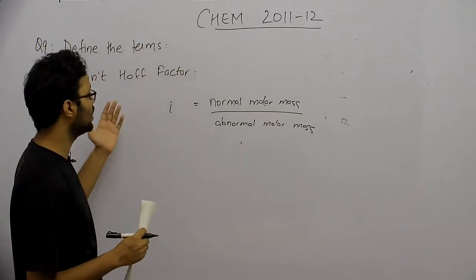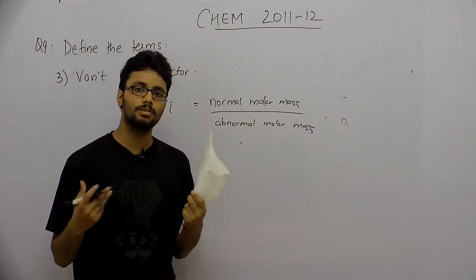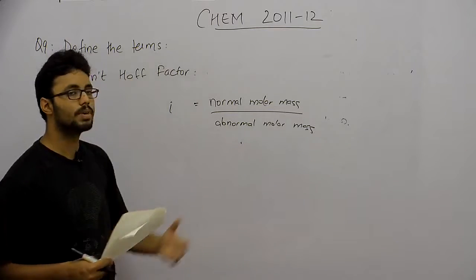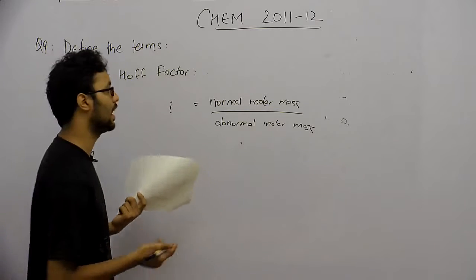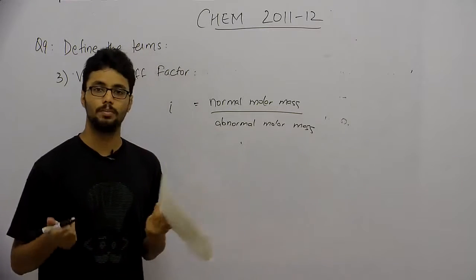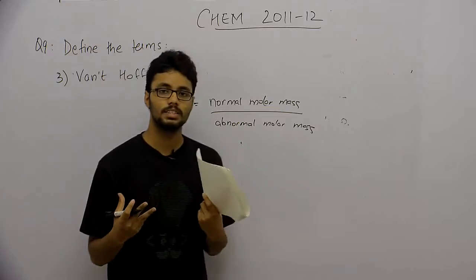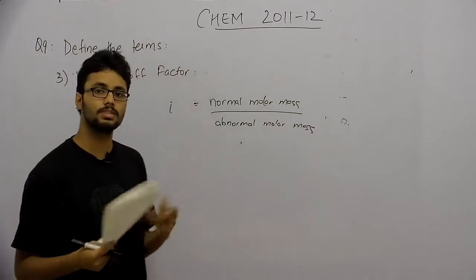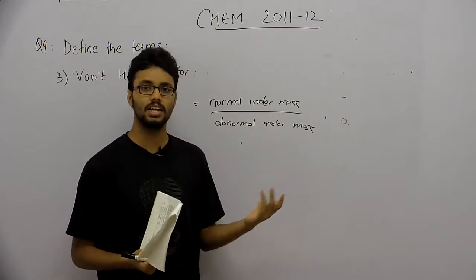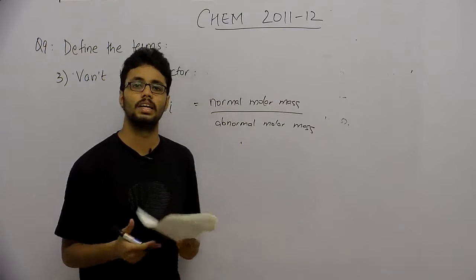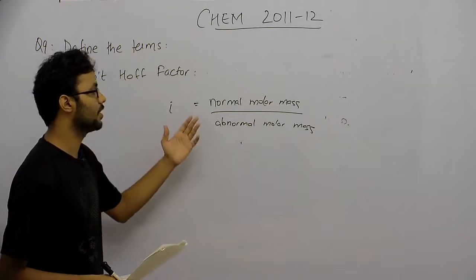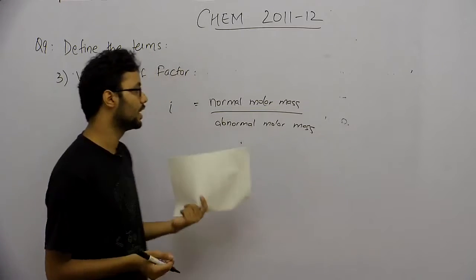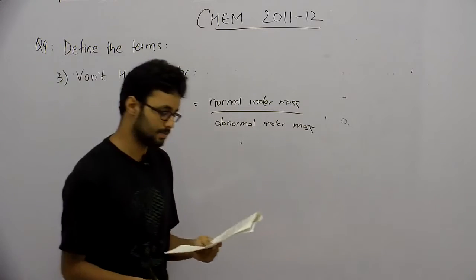So it creates a difference in the molar mass when we calculate it using the equation delta Tb equals Kb m. So the molar mass comes out to be different. It is because either the particles separate out or combine. So we calculate Van't Hoff factor by the ratio normal molar mass divided by abnormal molar mass.